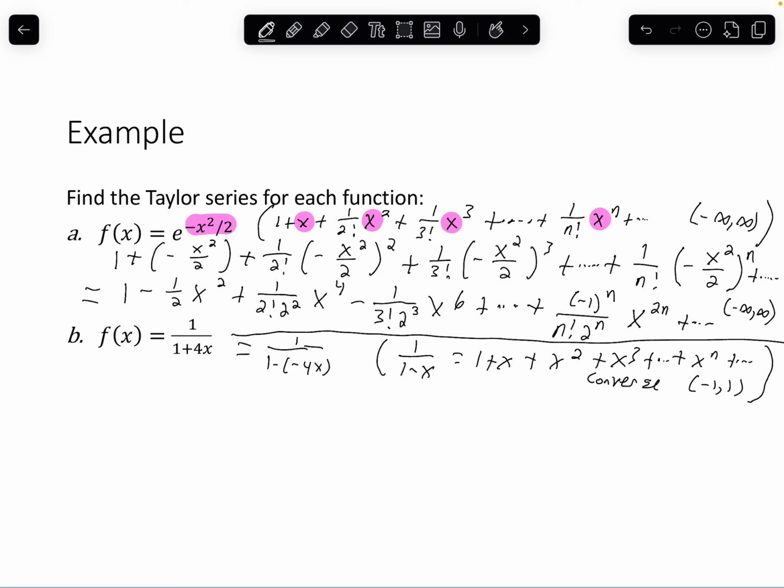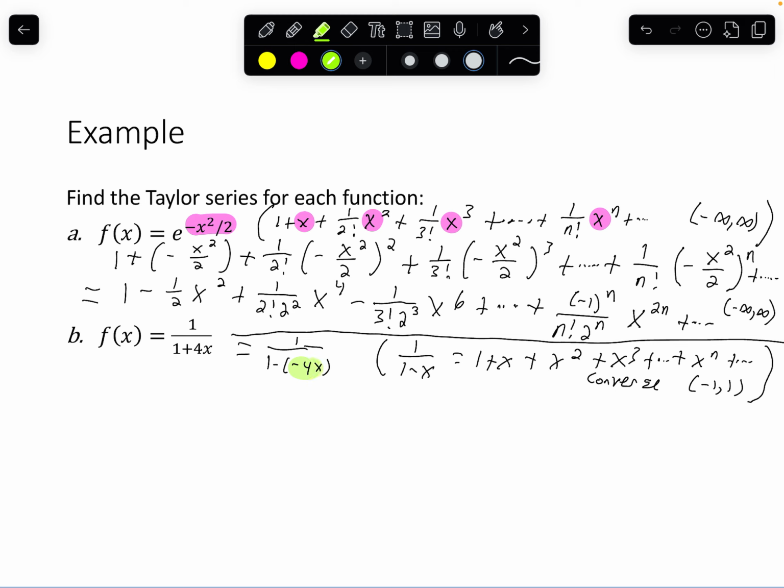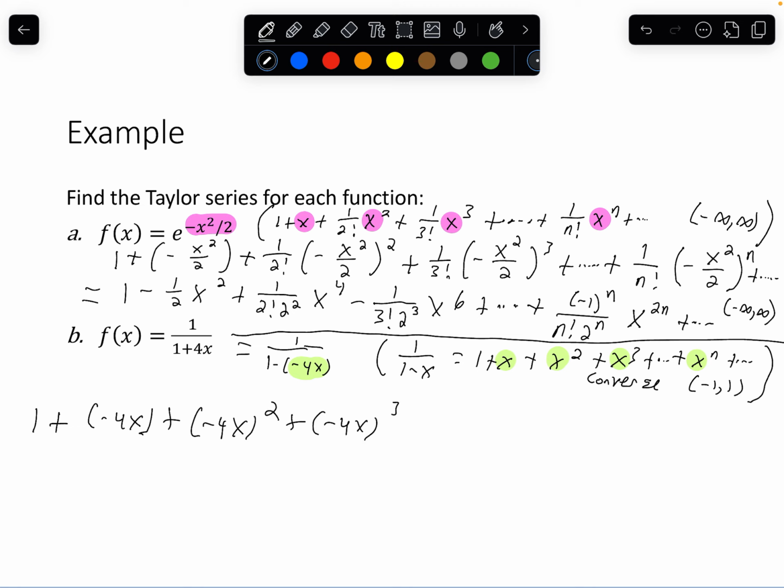Again, let me use a different color to highlight this. We're replacing the value of x with negative 4x, for each and every one of these x's in our Taylor polynomial. This is going to make first 1 plus negative 4x plus negative 4x squared plus negative 4x cubed.